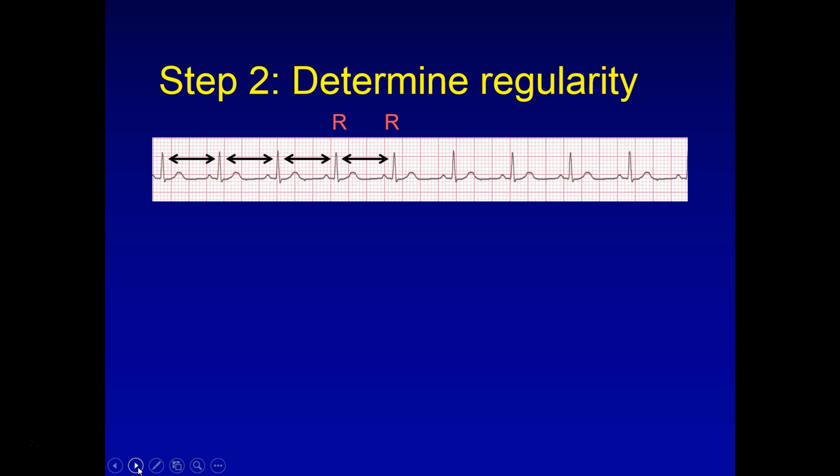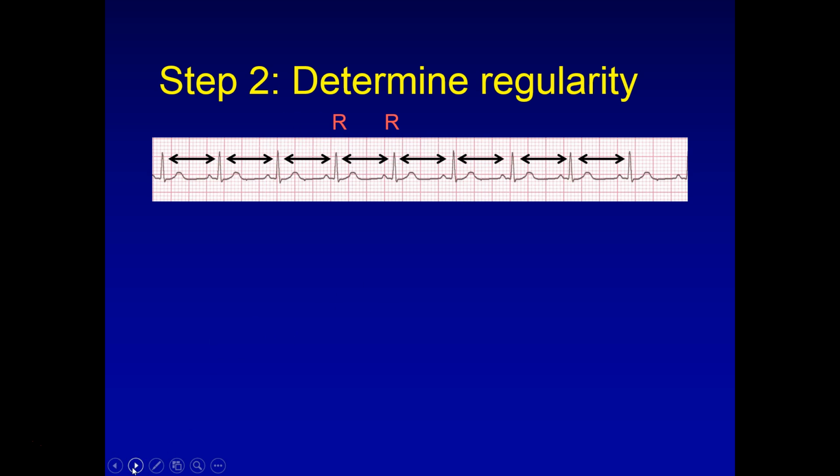Okay, step number 2, we're going to determine regularity. What you do is take a small piece of paper, mark off the bottom edges and line them up with the points of my R waves. And then you just slide your paper across to the next set of R waves. As long as they're landing and are aligned with what you have on your paper, your rhythm's regular.